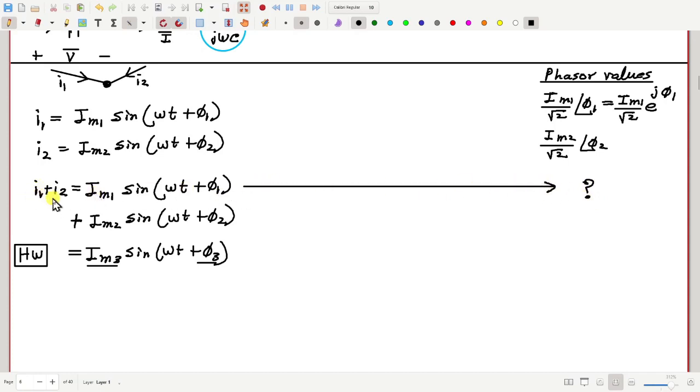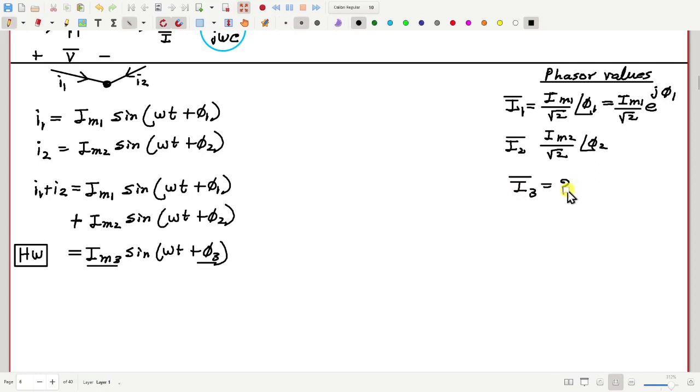Now let me ask, what will be the phasor value of this current I1 plus I2? If I call this I1 bar, this I2 bar, then what will be I3 bar, that is the phasor of I1 plus I2?